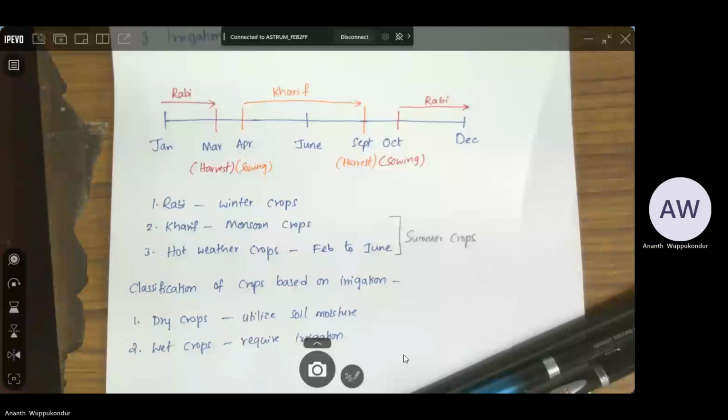So these are the two main crop seasons that we have. And of course, some people might practice a third season, which is hot weather crops.